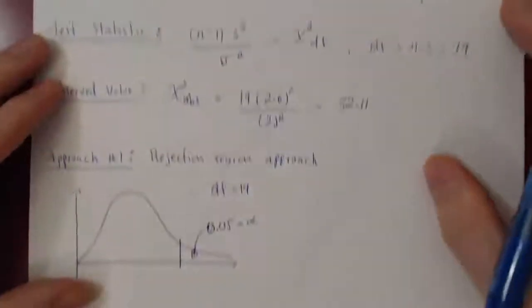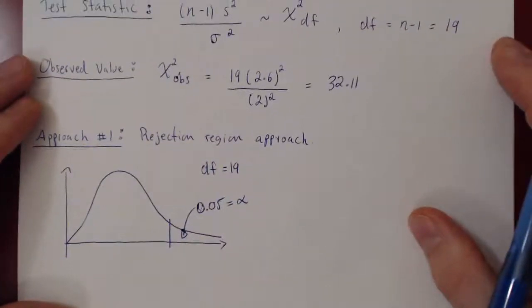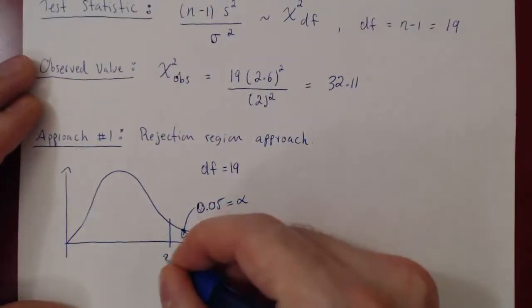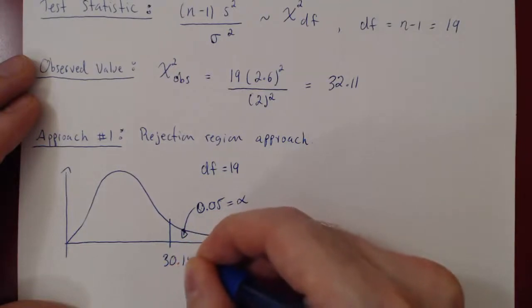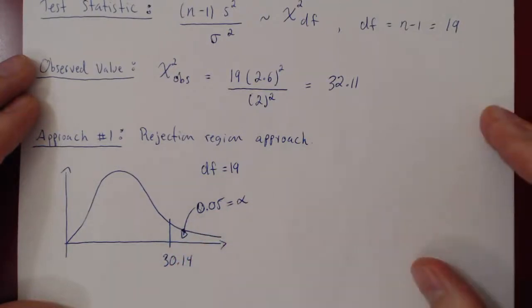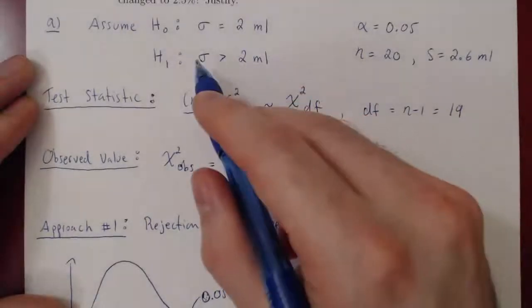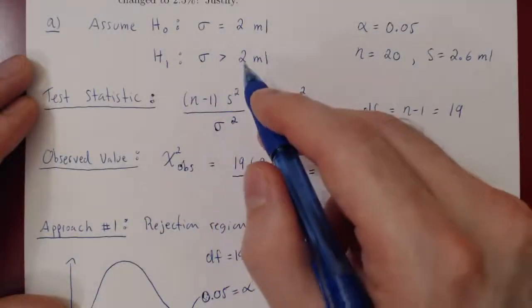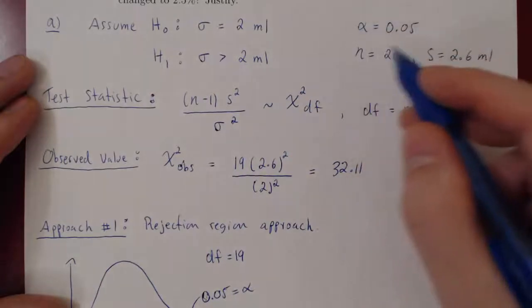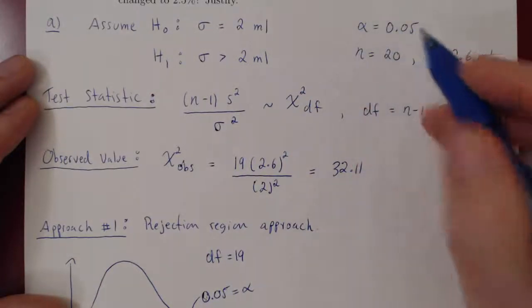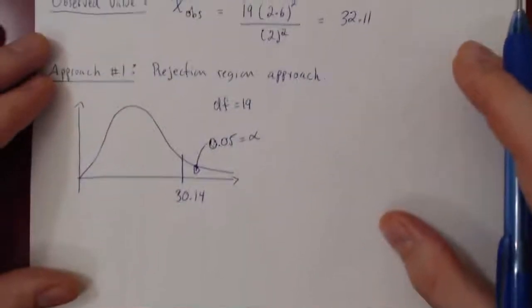So now we have obtained our value for chi-squared, 30.14, and this will give us our rejection region. Again, because we have a right-tailed test, sigma bigger than 2, we are rejecting the more extreme 5% of chi-square values.